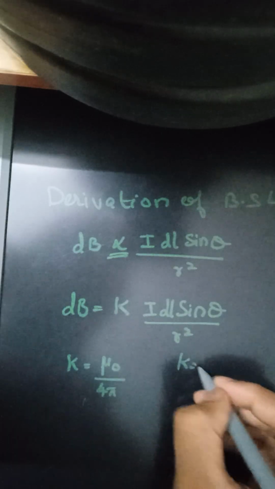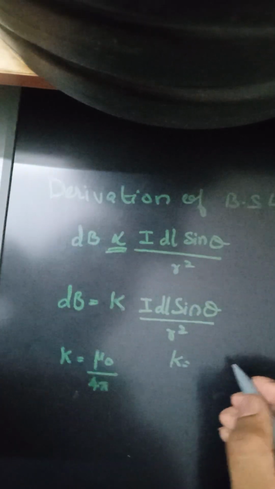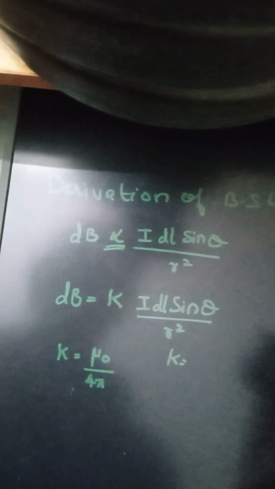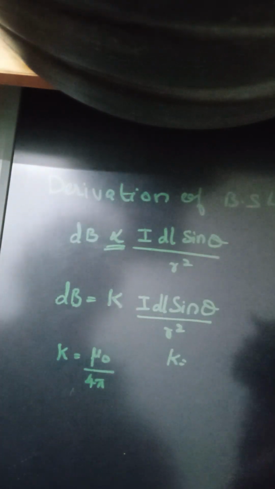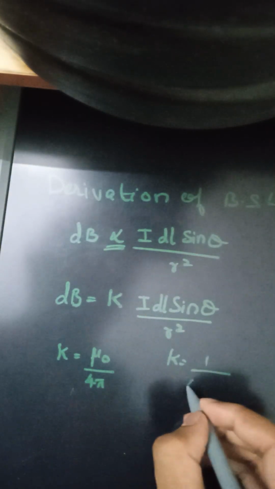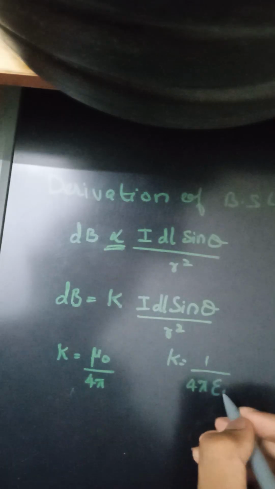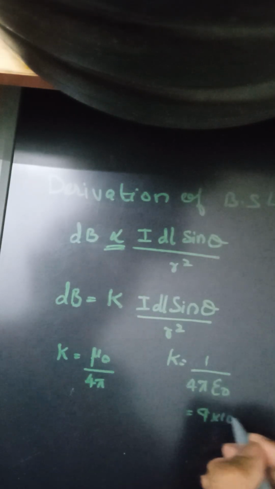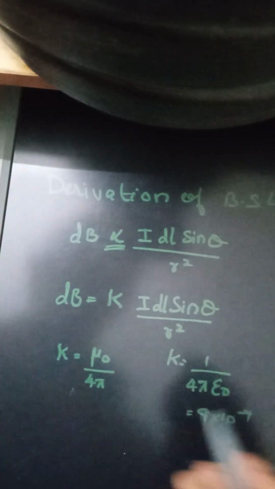Like we had k in the electricity chapters, the first, second and third chapters of the 12th CBSE NCERT physics, we had 1 by 4 pi epsilon naught, that is 9 into 10 to the power 9. We had this constant.